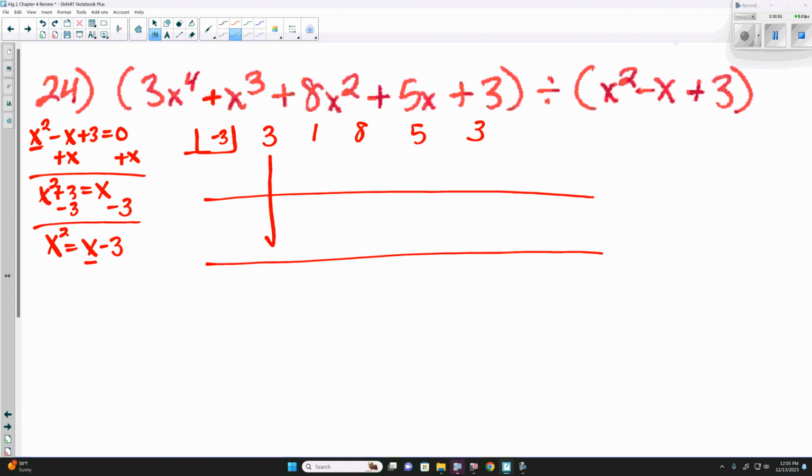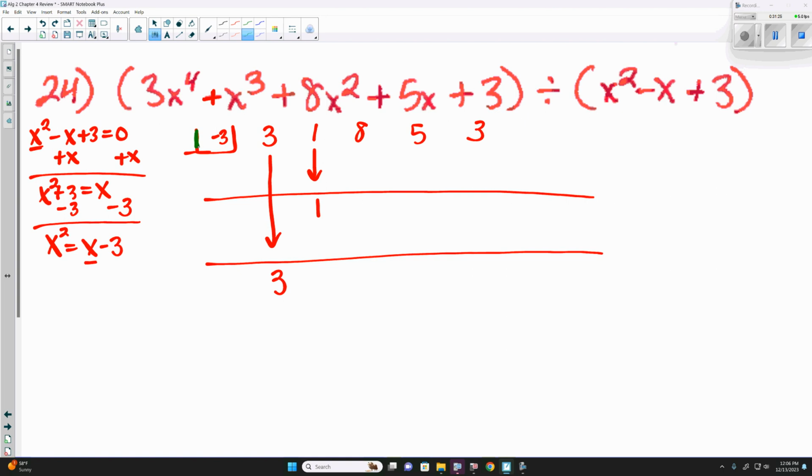First thing we do with this here is bring the 3, our first number, all the way to the bottom. Our next number goes down 1. Since we have 2 lines, the first number goes below the first line and the second number goes below the second. And now we can start our multiplication. When we multiply, our 1 and negative 3 will both be multiplied by the number under the second line.